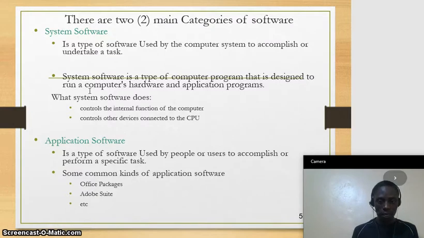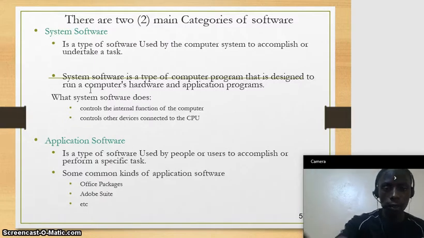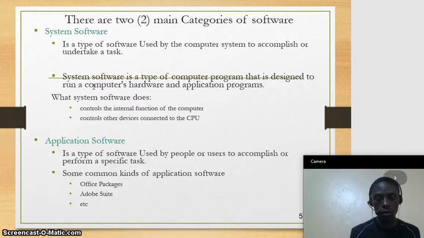What it does is it controls the internal function of the computer. It also controls other devices connected on the computer, for example, the peripherals. That is the system software.